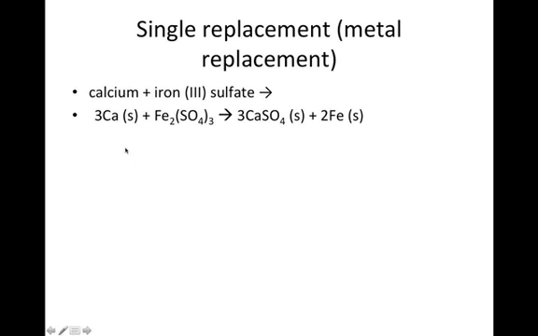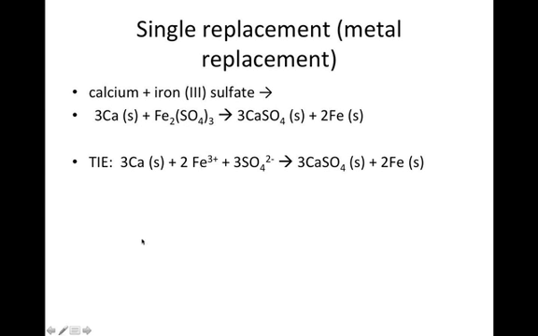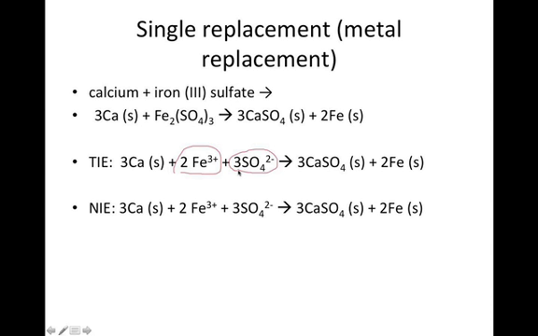So we end up with the total ionic of this, where we have iron and sulfate as the only two aqueous parts. Everything else is a solid. So this is a really interesting example where the net ionic is exactly the same as the total ionic. These are not common, but they do show up.